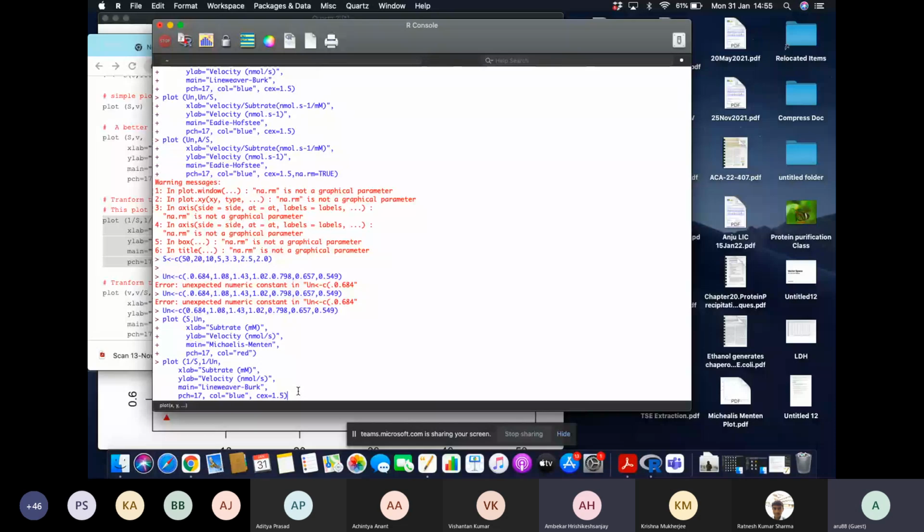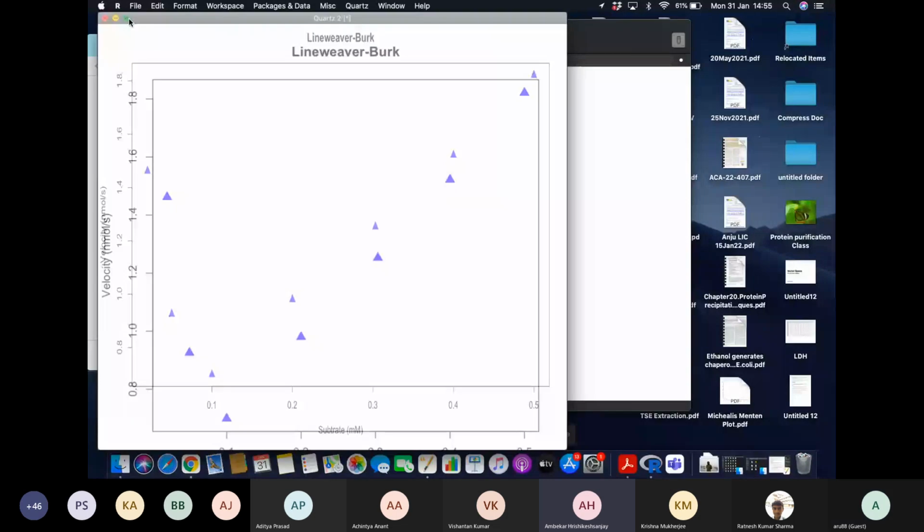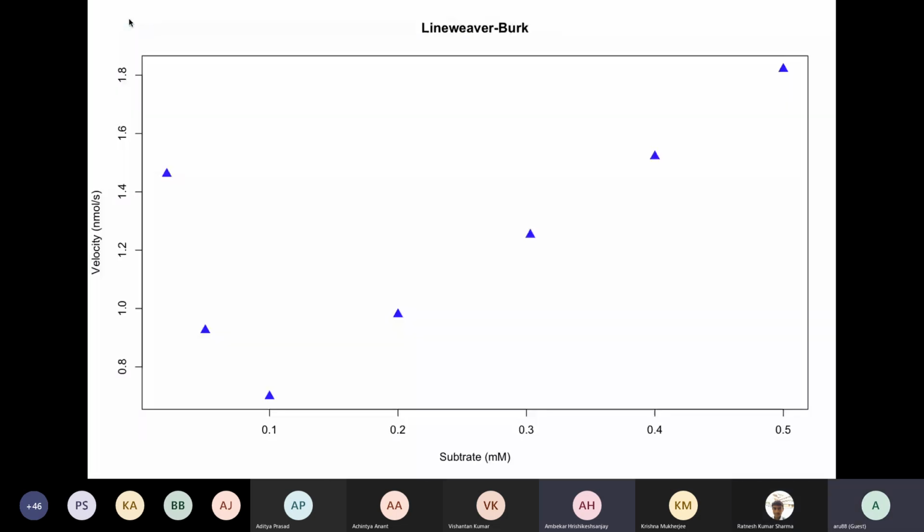So again, we hit enter and we have the Lineweaver-Burk. Everybody can see the Lineweaver-Burk? Yes, sir. So in Lineweaver-Burk and Michaelis-Menten, I hope you understand. It is nothing. Lineweaver and Burk just reversed the parameters in order to have a linear graph.